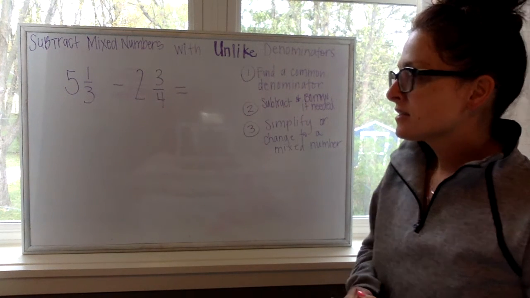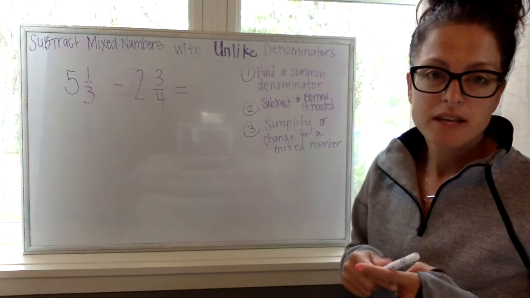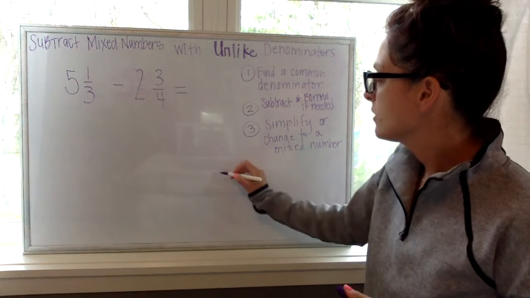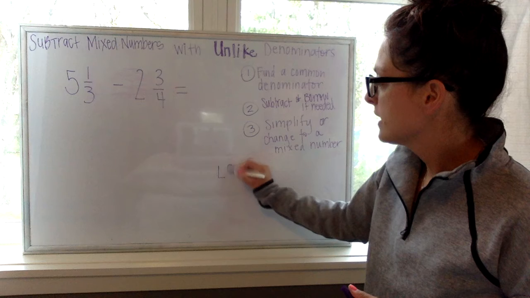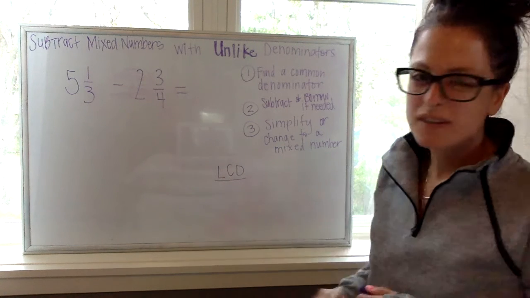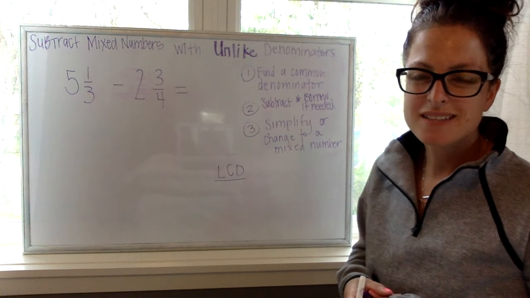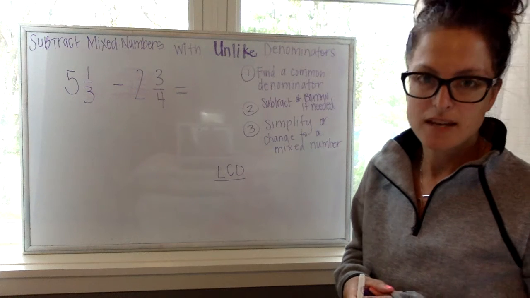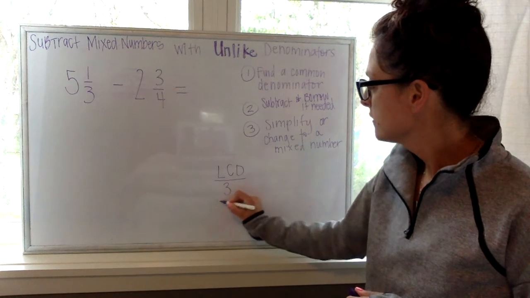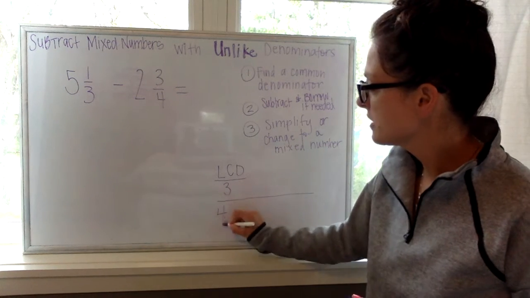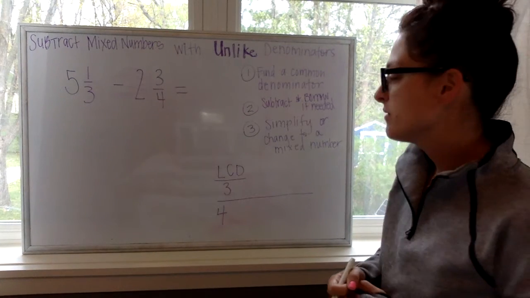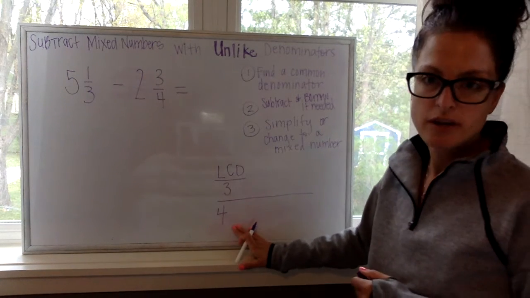One of the things you can do is multiply the two denominators by each other, or remember we talked about the last couple days of finding the least common denominator, because when you find the least common denominator, that is going to help you simplify in the end. You won't have to do as much. So if I have 3 and 4, I'm going to count by threes and count by fours. I always start with my larger number.